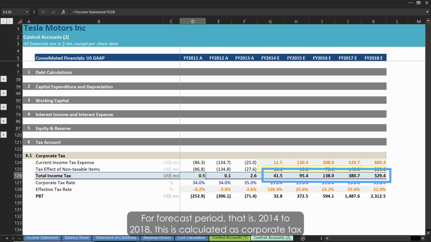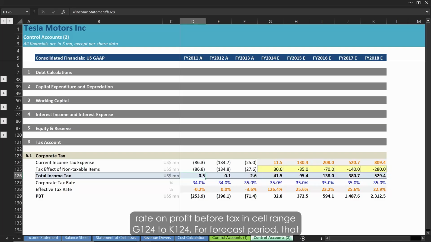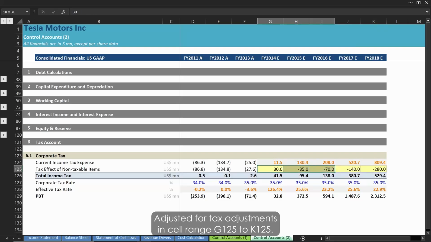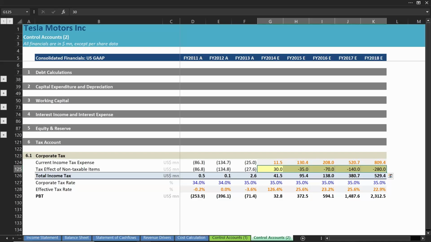For forecast period, that is, 2014 to 2018, this is calculated as corporate tax rate on profit before tax in cell range G124 to K124, adjusted for tax adjustments in cell range G125 to K125.